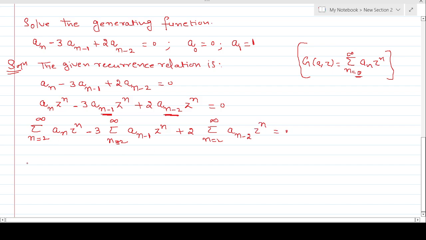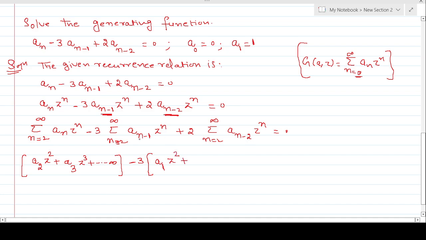Now set n value equal to 2 here. So what do you get? You get a2 into z square. Set n equal to 3, it is a3 z raised to the power 3 and so on, minus 3. Now set n equal to 2: 2 minus 1 is 1, so it is a1 and z square.